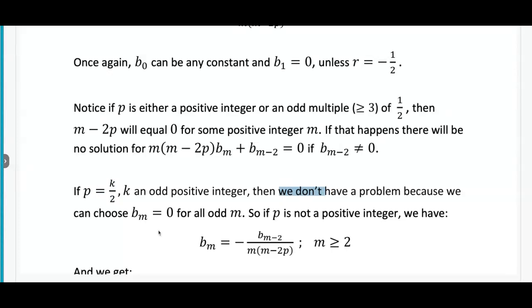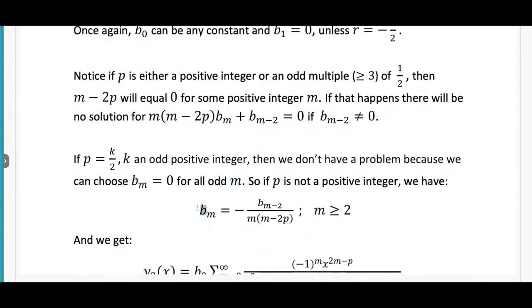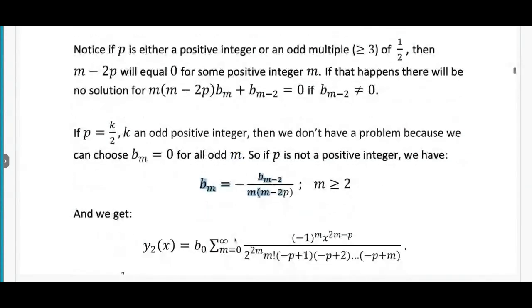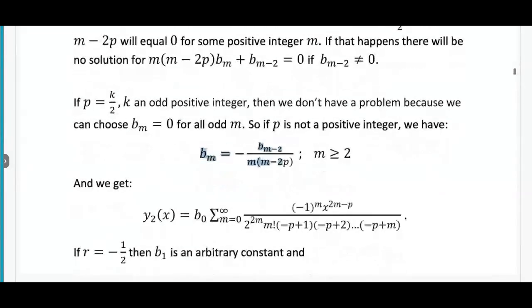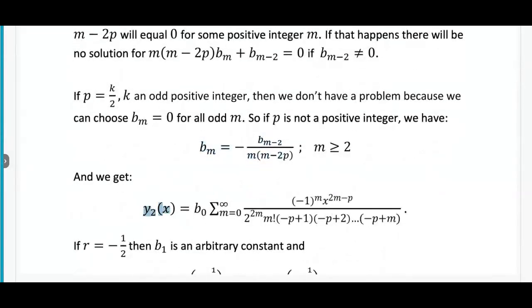Then we don't have a problem because we can choose b m equals 0 for all odd m. So if p is not a positive integer, we have such a relation, right, for m starting from 2. Then we get y2 of x, so this is for negative p, right? So the solution for negative p.